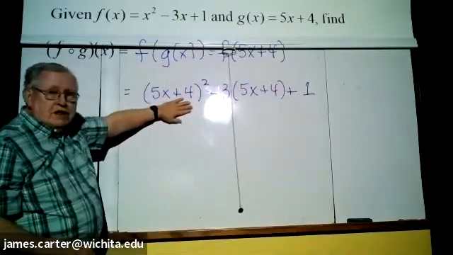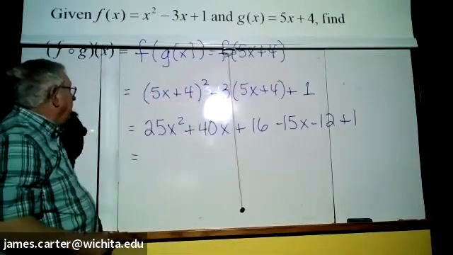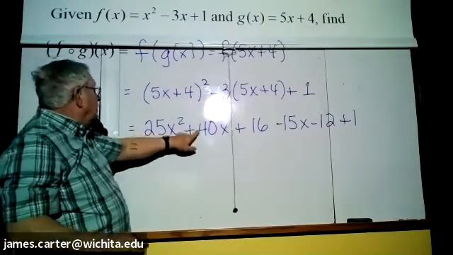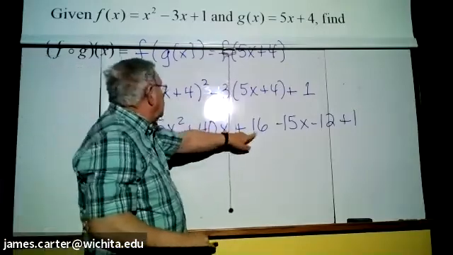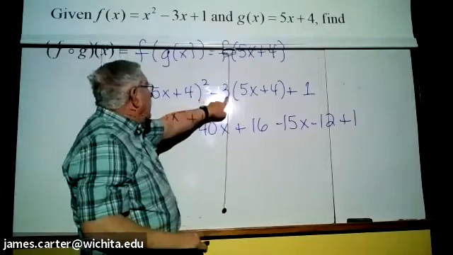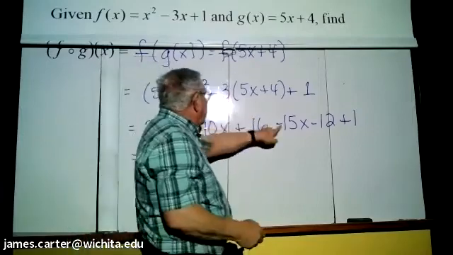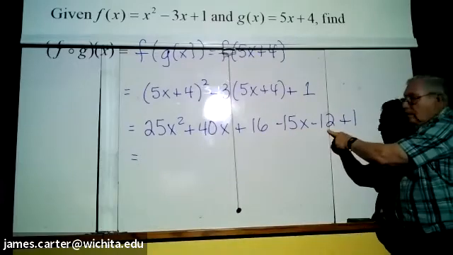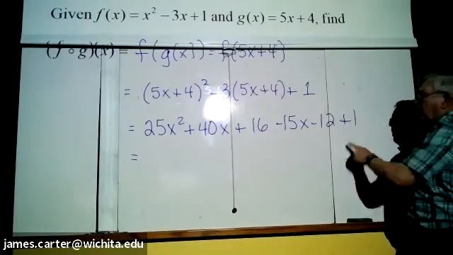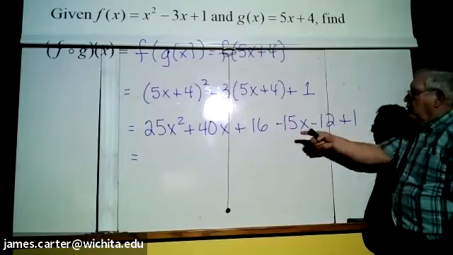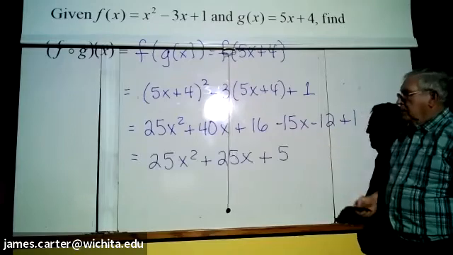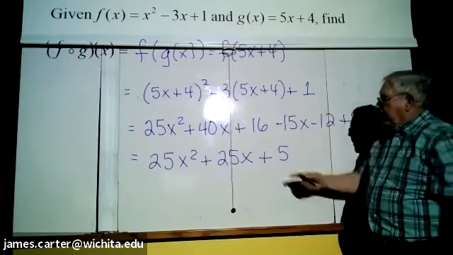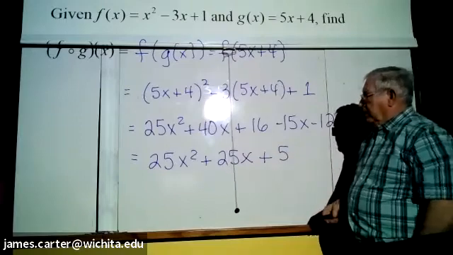We've got to FOIL this. Gives us 25x squared plus 40x plus 16. We've got to distribute this negative 3. Gives us negative 15x minus 12. And then we bring down the 1. Now we combine like terms, and it simplifies to this.